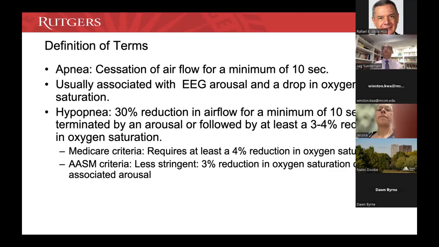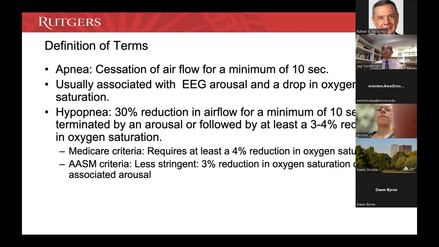A hypopnea, on the other hand, has two definitions based on either the Medicare criteria or the American Academy of Sleep Medicine criteria, where there's a reduction in airflow by either 30 or 50% for at least 10 seconds. It's either terminated by an arousal or a 3 to 4% reduction in saturation.